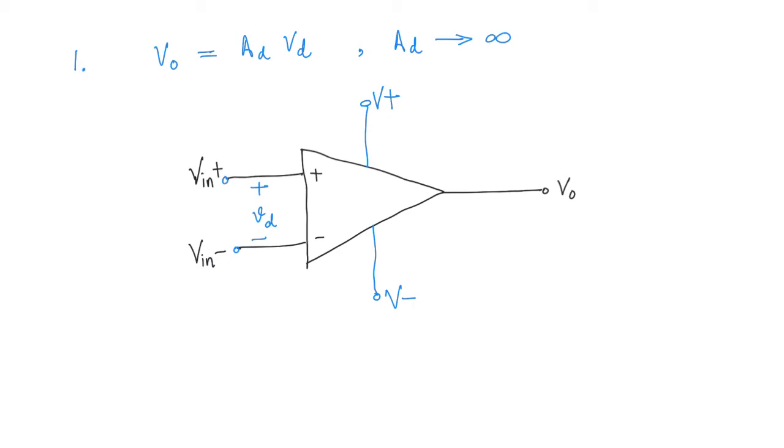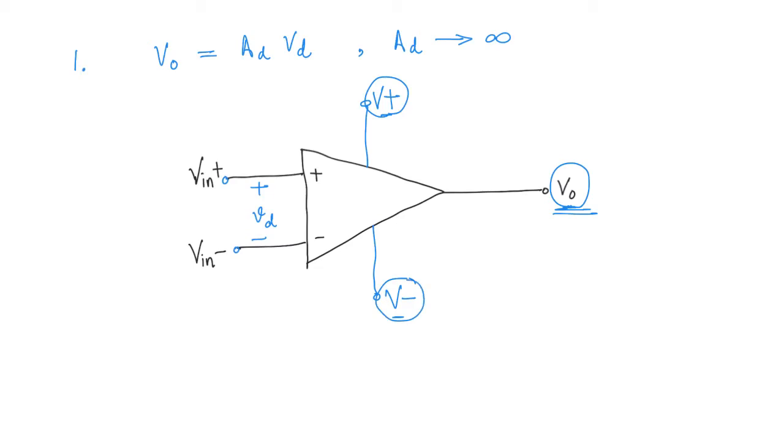Now, in any op-amp, in fact in almost any electronic device, the output voltage cannot go beyond the power supplies. What I mean by that is the maximum positive value of VO, the output, is going to be V plus, and the maximum negative value of the output is going to be V minus.